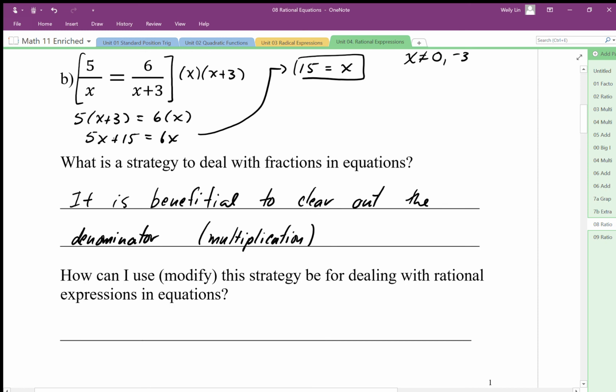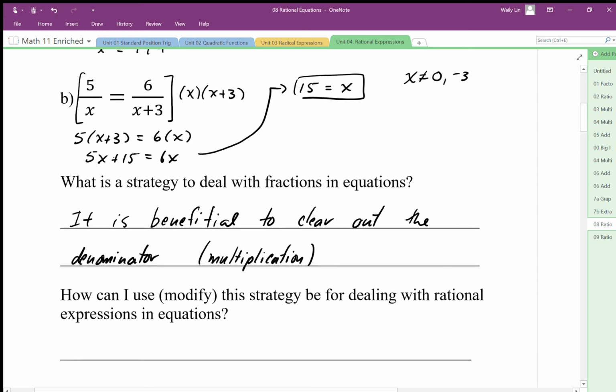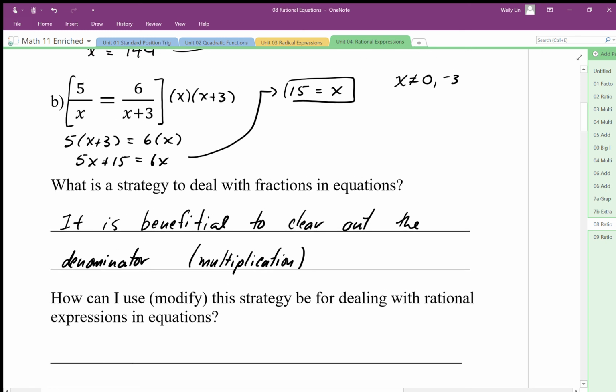So dealing with rational expressions and equations, it's really no different. We just multiply out by the algebraic factors.